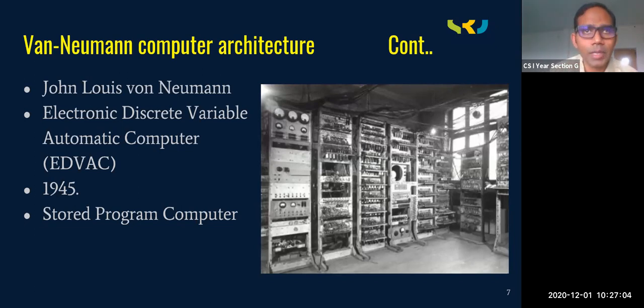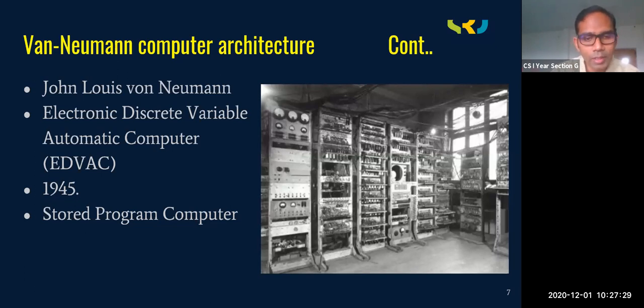Stored program computer, in the sense that it is going to store the intermediate results that are evolved while executing an instruction. For example, once upon a time we used to have basic calculators. Those basic calculators are not going to store any results. You type 10 plus 20, it gives you the result, then you have to perform the next task.